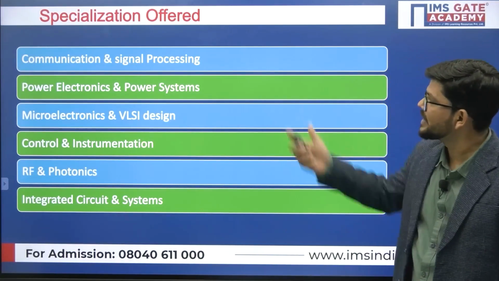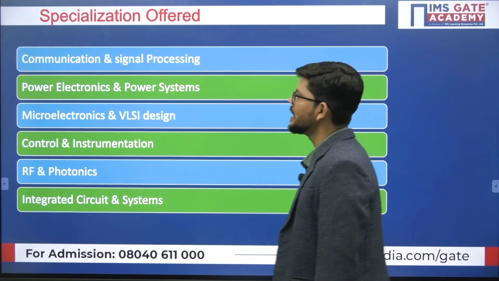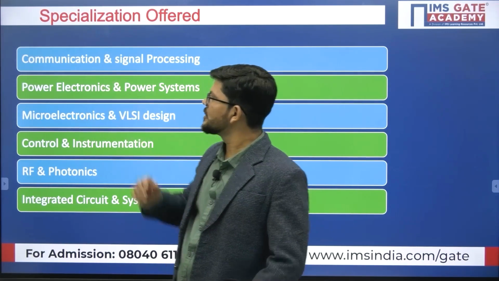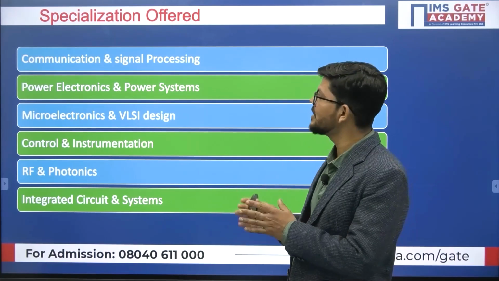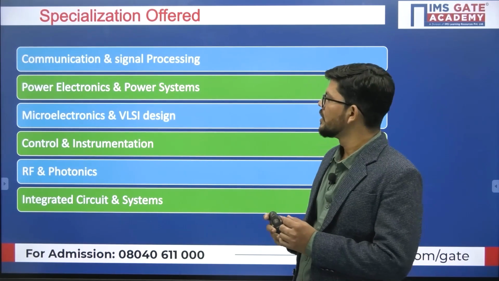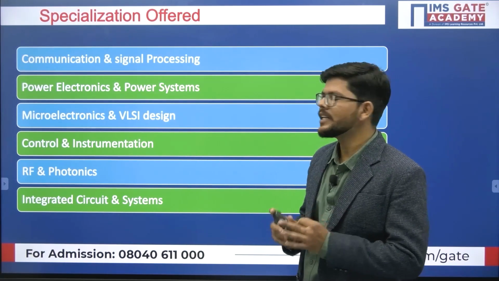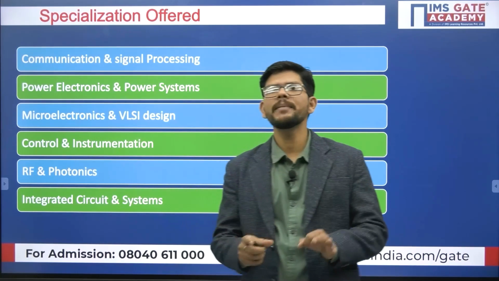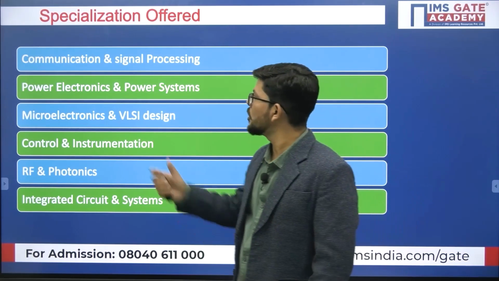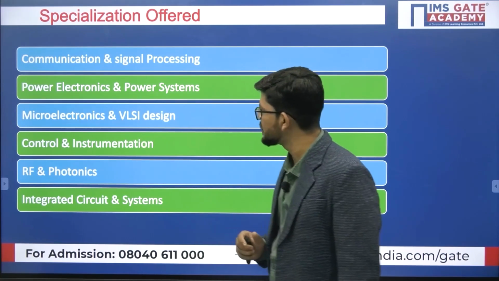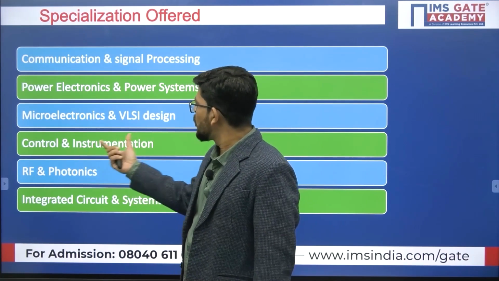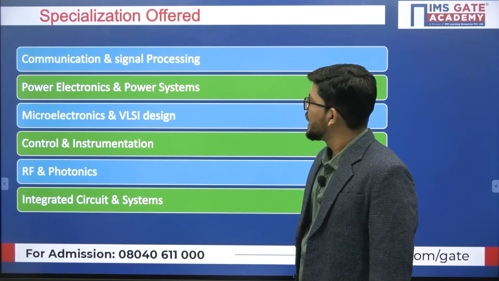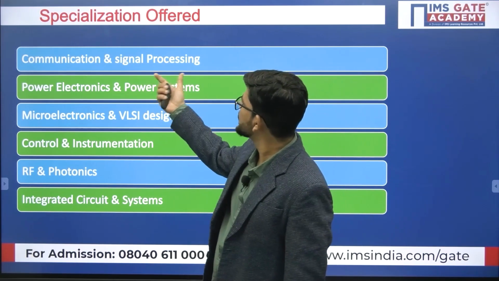Now coming to the specializations offered to the electrical engineering students. So being core electrical engineering students, there are particularly 2 or 3 options in which you may be more interested, and those options are power electronics and power system, control and instrumentation, and then communication and signal processing.